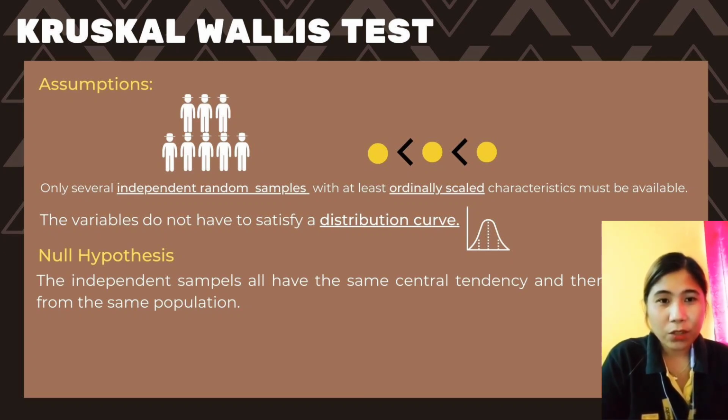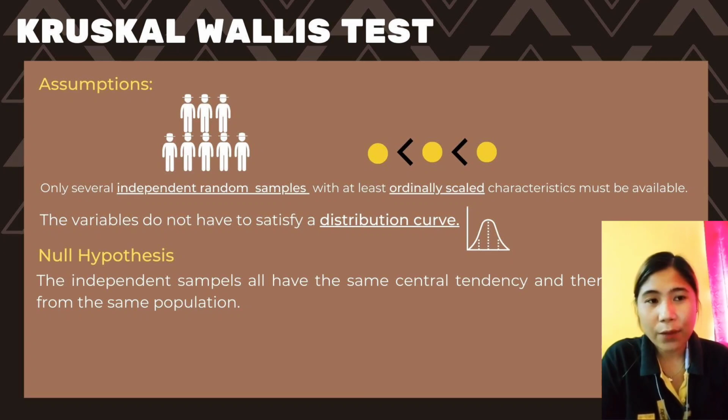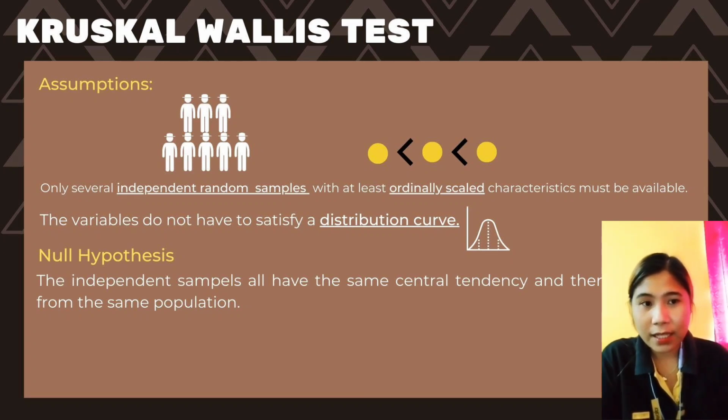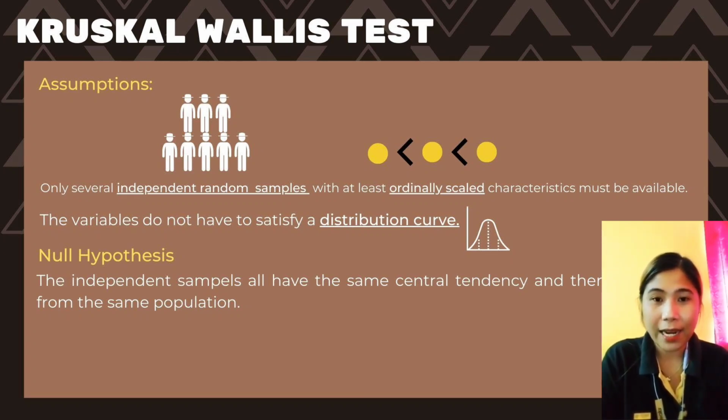So, meaning to say, ito yung isang hypothesis na nagmumungkahi na walang pagkakaiba sa pagitan ng dalawang group or conditions. Ayan. So, example, yung average na edad ng mga customers sa isang grocery store ay pareho para sa mga lalaki at babae.